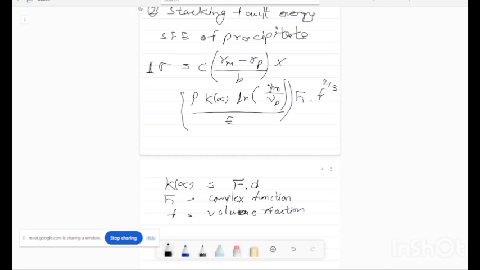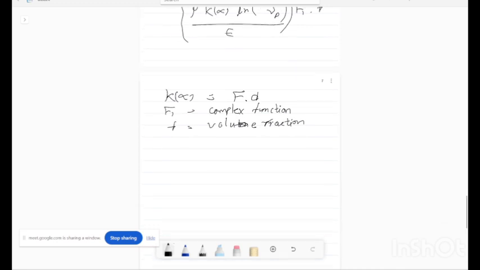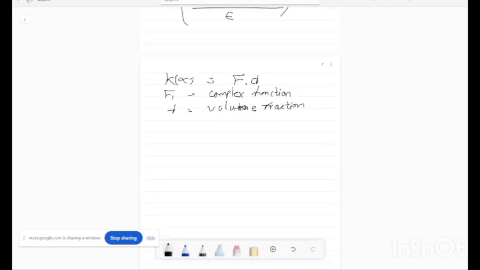And gamma m and gamma p are the stacking fault energy of the matrix and particle. Next is ordered structures hardening. In previous lectures we studied solid solution strengthening, in which we also studied the ordered structure strengthening.